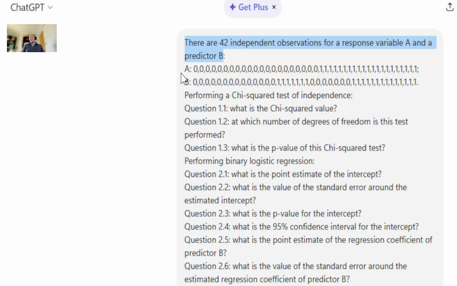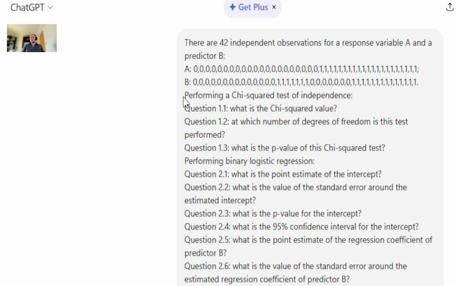And then we provide the data, which is in this case a vector A with zeros and ones, and also a vector B with zeros and ones. There are 42 values in A and 42 values in B, and they will be linked in the analysis.